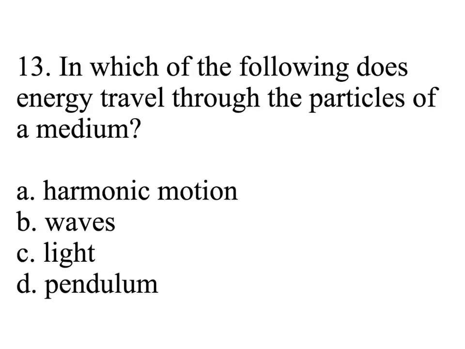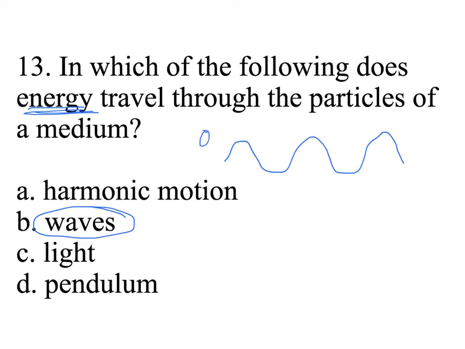Number 13, in which of the following does energy travel through the particles of a medium? So what we're talking about, particles moving, is a mechanical wave. Because if I take the end of a rope and I whip it, and let's say I'm standing over here holding on to the rope, and it goes to somebody else standing over here, the energy is going across from one end to the other.